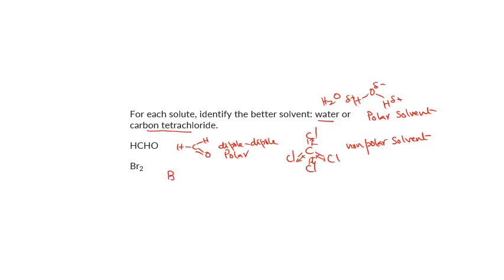And in the case of bromine, we don't have any electronegativity difference, so it is going to be a non-polar solute. So we know a polar solute dissolves in a polar solvent, and a non-polar solute dissolves in a non-polar solvent. So since this is polar, it can dissolve in water. This is non-polar, so it can dissolve in carbon tetrachloride.